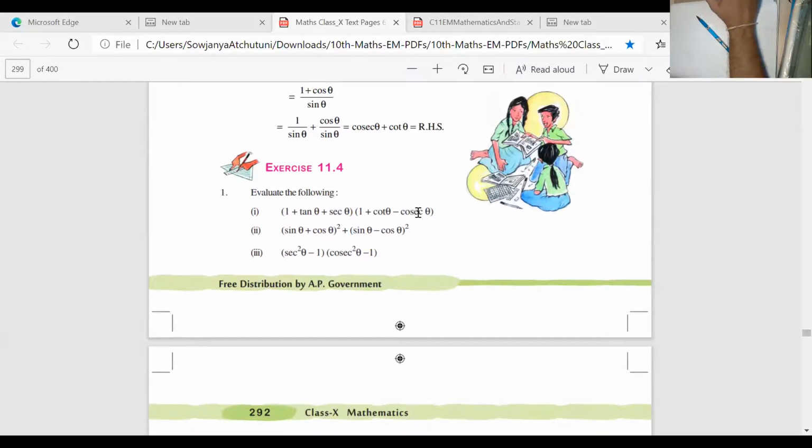This is how to evaluate. So let us write this: 1 plus tan theta plus secant theta into 1 plus cot theta minus cosecant theta.